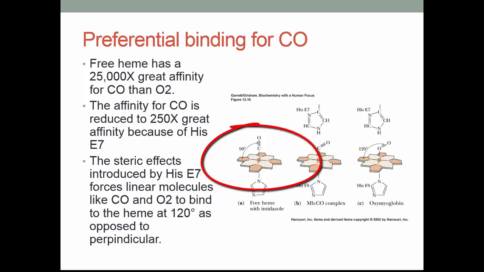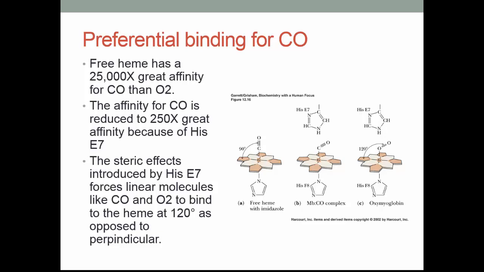While oxygen can tolerate this bend a little better than carbon monoxide, we can still see a greater binding affinity of carbon monoxide to both myoglobin and hemoglobin than oxygen, which makes carbon monoxide poisoning so lethal, even at very low concentrations.